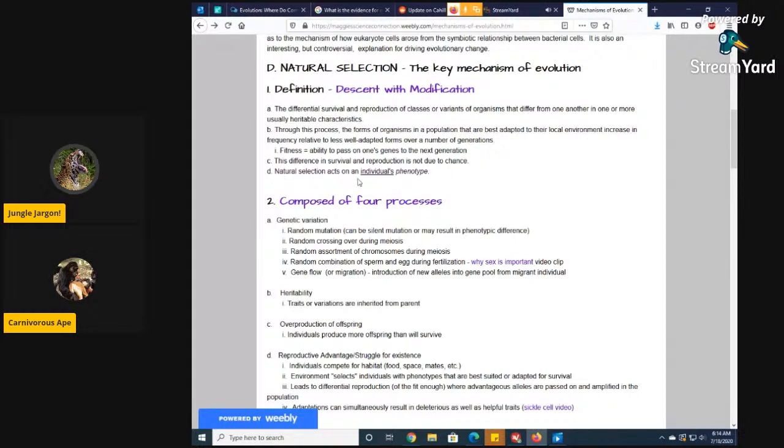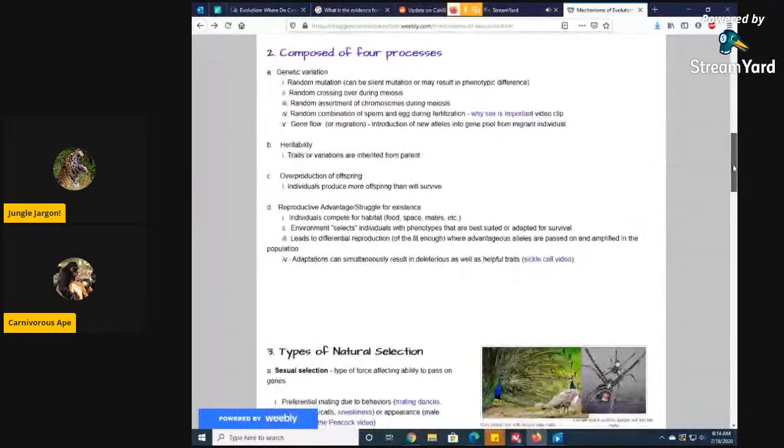Natural selection acts on an individual's phenotype. Okay, and even if the dominant ape is dominant in everything, it doesn't mean that he only has dominant genes. Genetic variation, random mutation, can be silent mutation, may result in phenotypic difference.